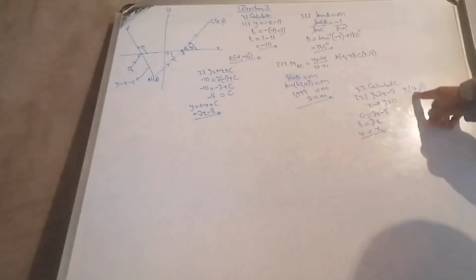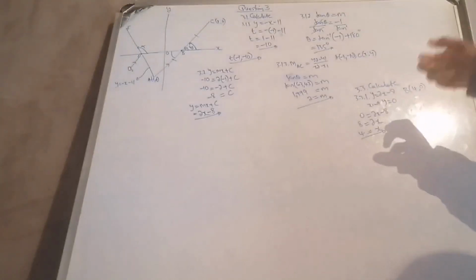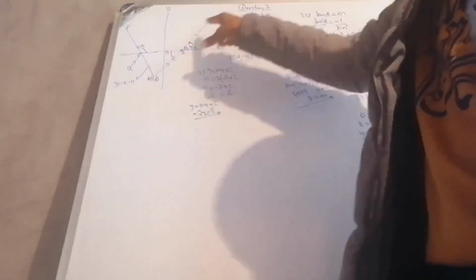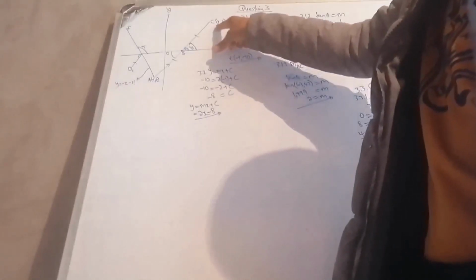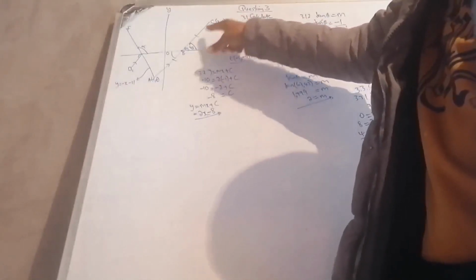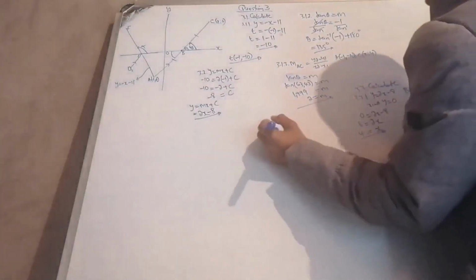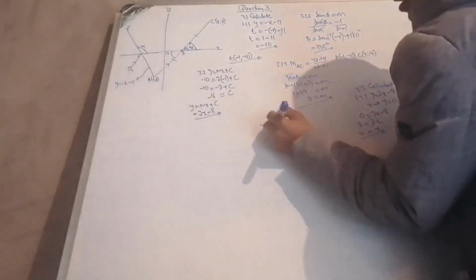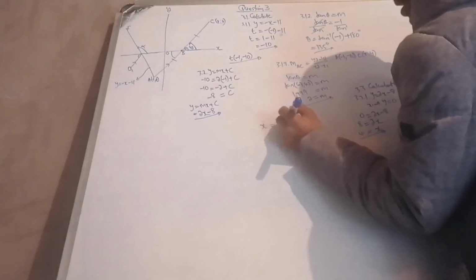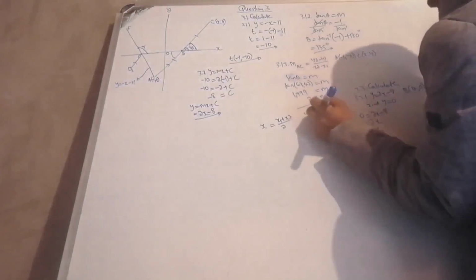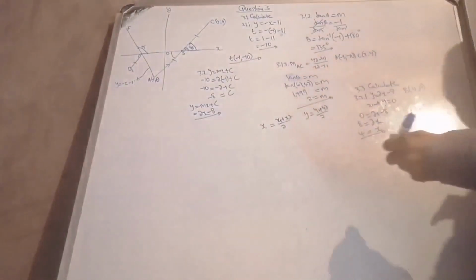Now that I have the coordinates of B, I can use the midpoint formula to find the coordinates of C. So I can say the midpoint of AC is equal to the midpoint there. Remember the midpoint for x equals x1 plus x2 divided by 2, and the midpoint for y equals y1 plus y2 divided by 2.